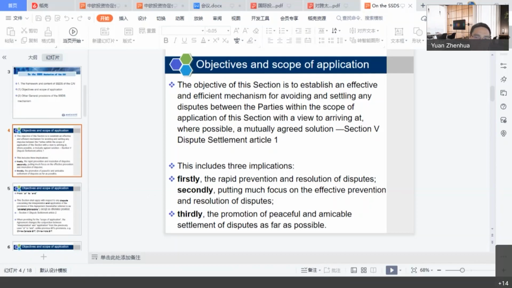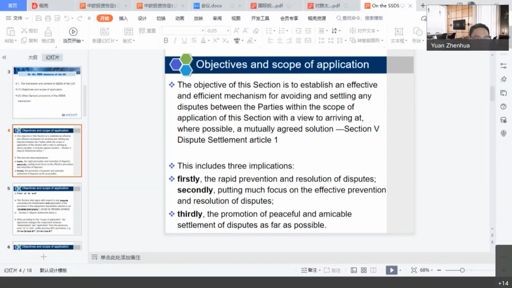However, if we use "and" instead of "or", which means a concurrent or parallel relationship, that is, a relationship with simultaneous coexistence, disputes shall concern both interpretation and application of the CAI. I'm not sure whether this change in wording is intentional or unintentional. So this is one issue from the wording of this Article 2.